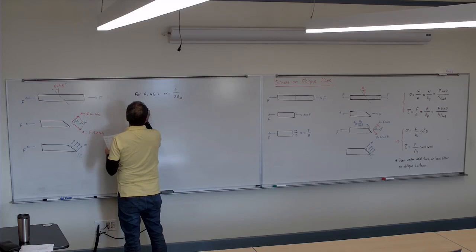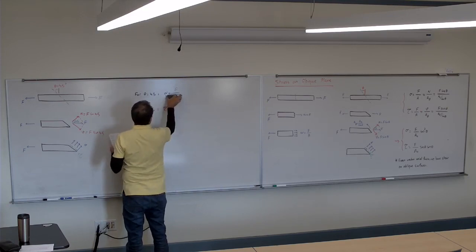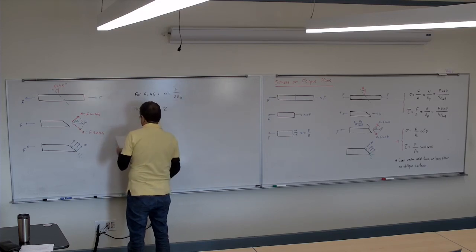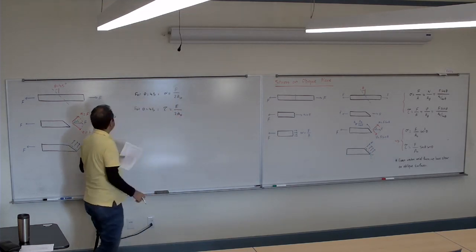For theta equal 45 degrees, sigma becomes, if you write it, F divided by 2 A naught. So it's sigma for 45, and the tau for 45 would also be F divided by 2 A naught.